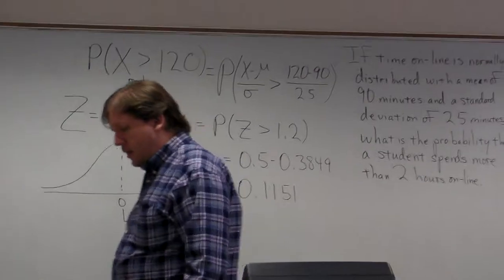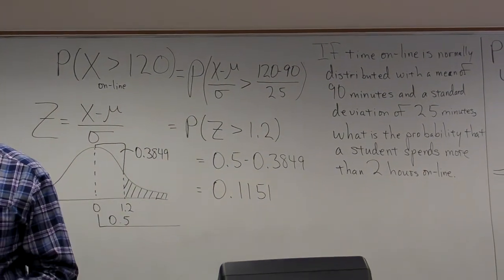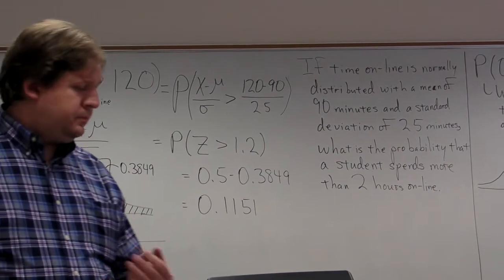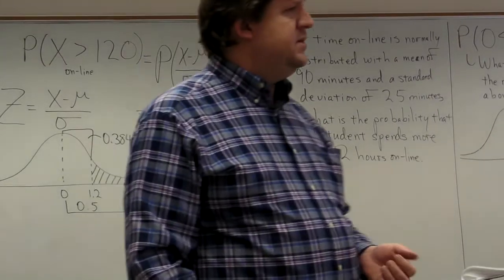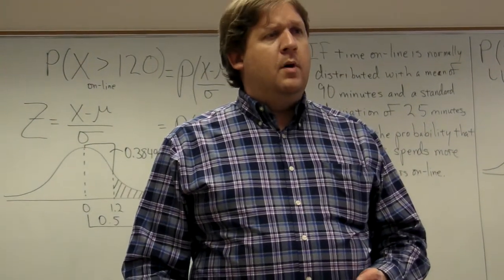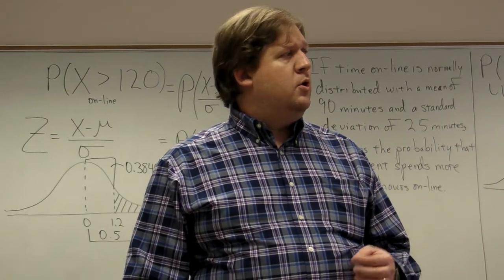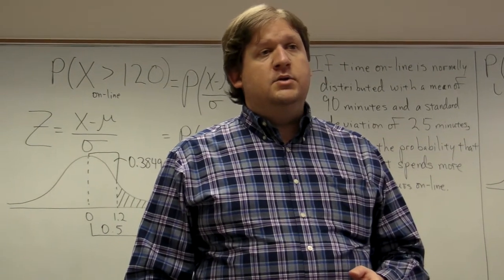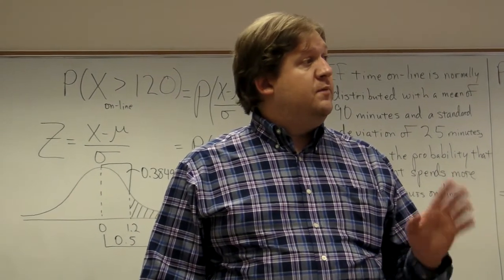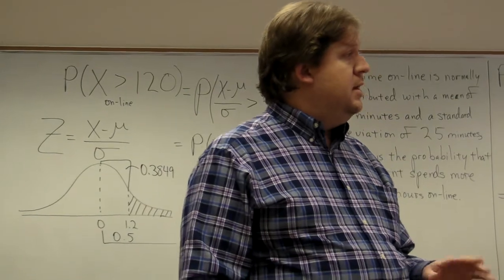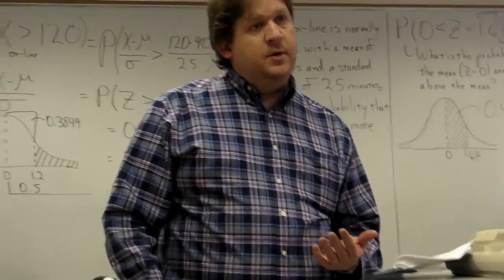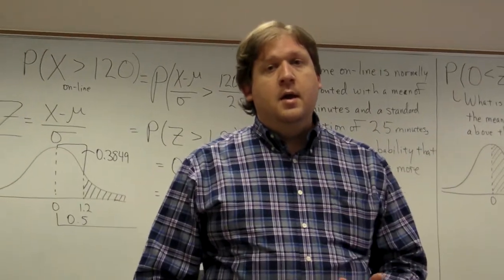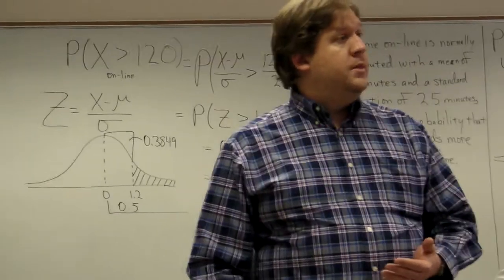And so what we're going to do next is talk about the sampling distribution, where what we're really interested in is what's going on with X bar. So I go out and survey 100 students. I ask those 100 students how much time they spend online, and then I get a mean from them.